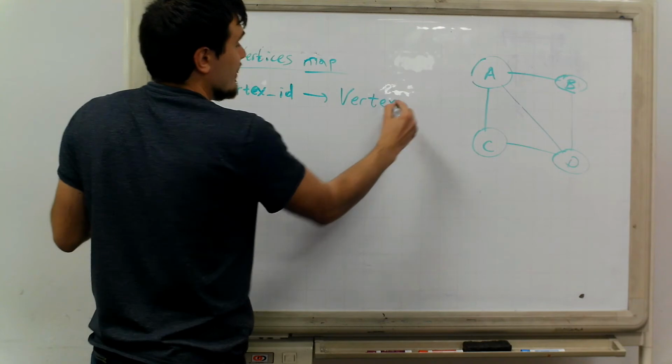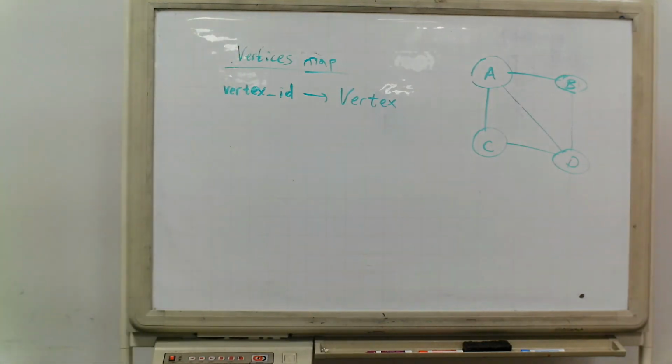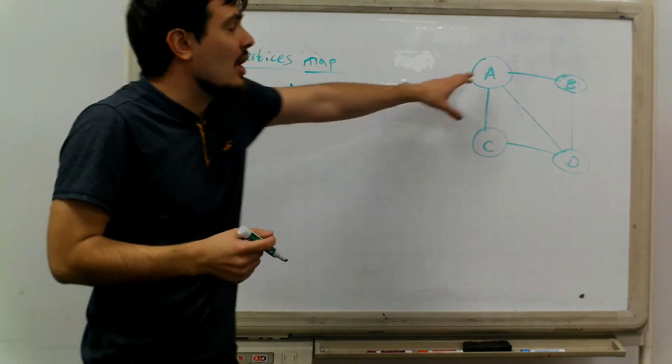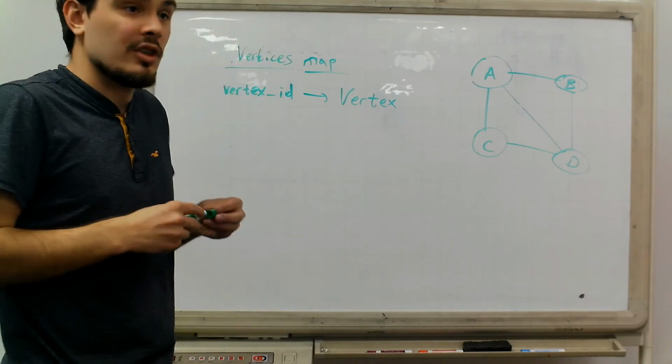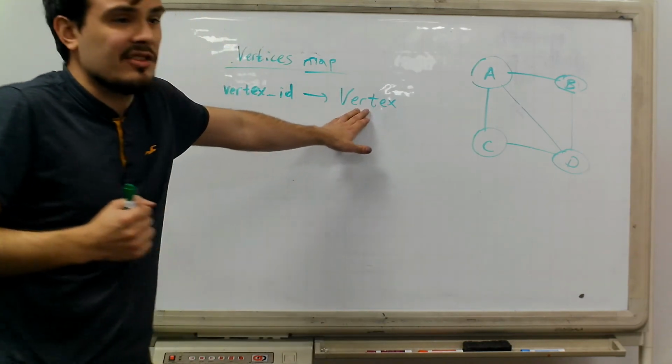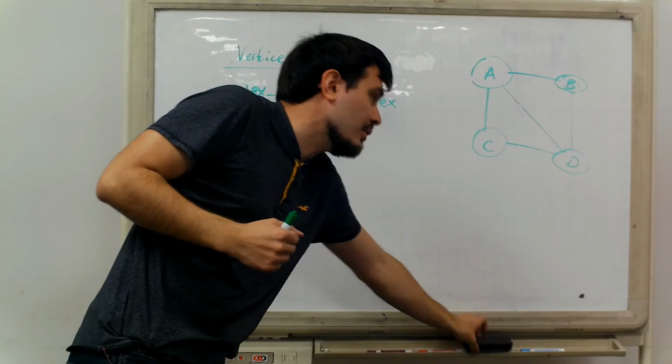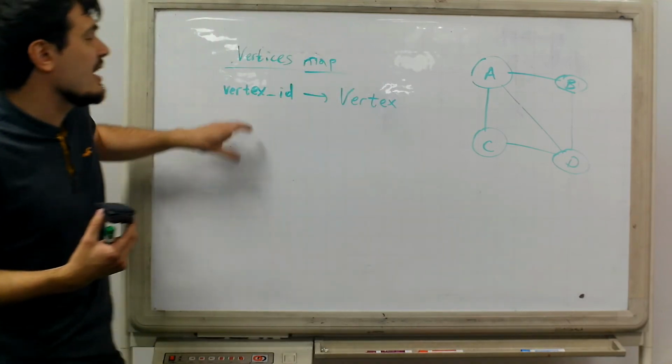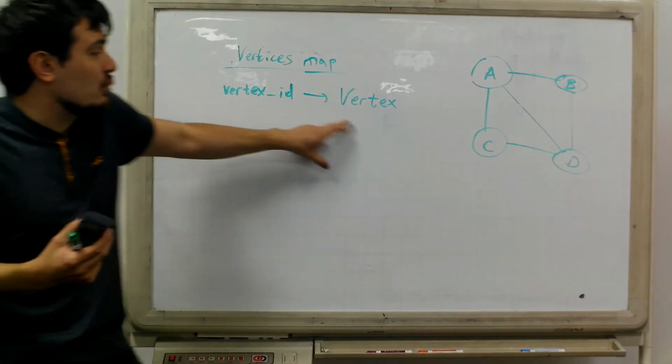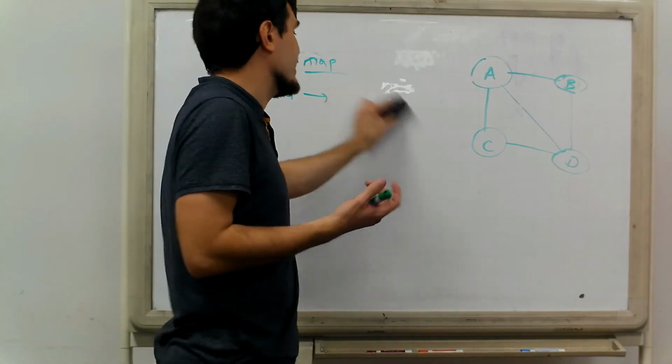But here, in the vertex information, we're actually going to store a list of all the things we're connected to. If a vertex has no other metadata, no information other than its identifier and what it's connected to, you can just store the list here directly.